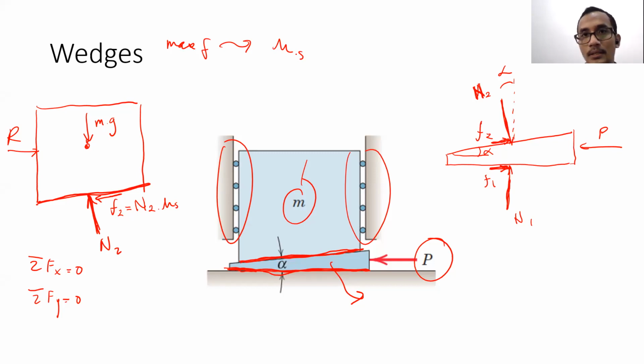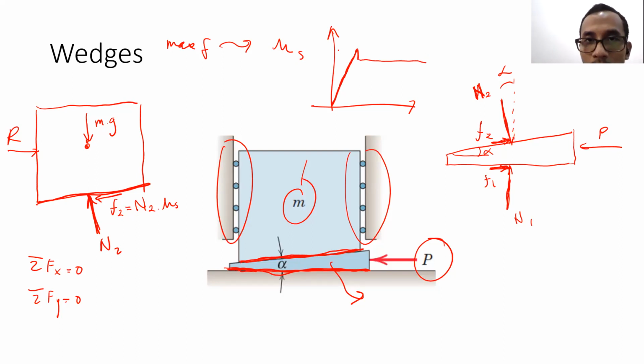Yes, correct. So remember when we discussed the value of the friction force against the given force. It's going constant like that, then after that it drops. This is the maximum friction force value.